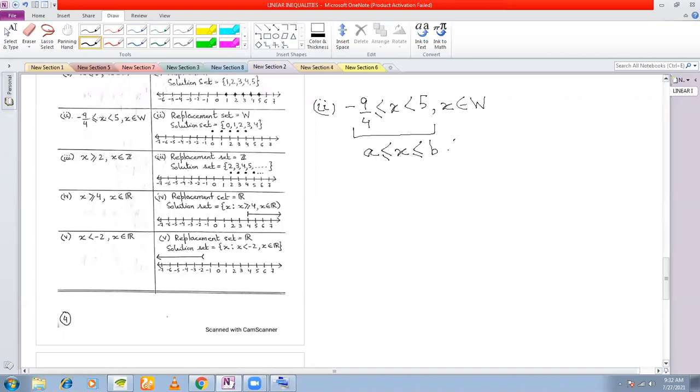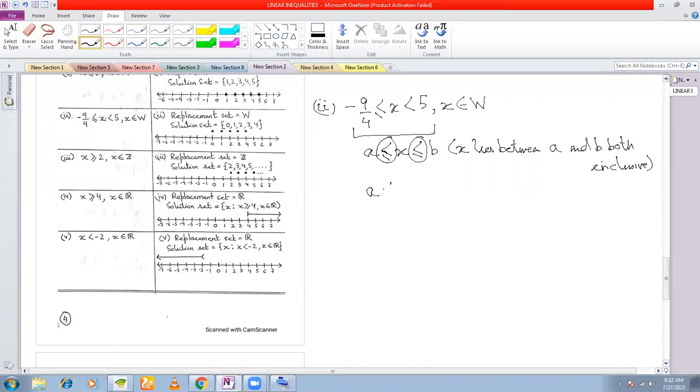X lies between a and b, both inclusive. That is, x can be equal to a and x can be equal to b also. Why? Because I see an equality sign here and I see an equality sign here also.